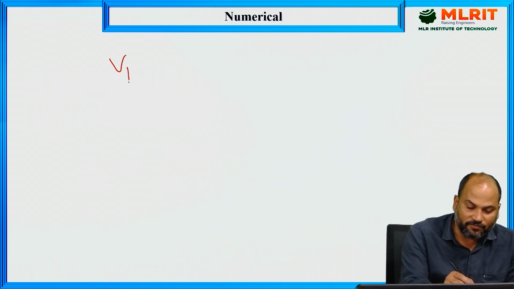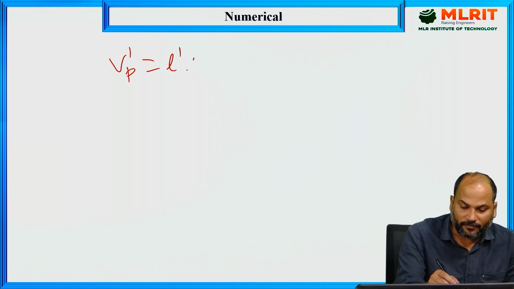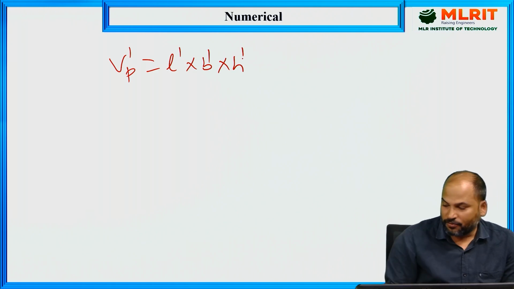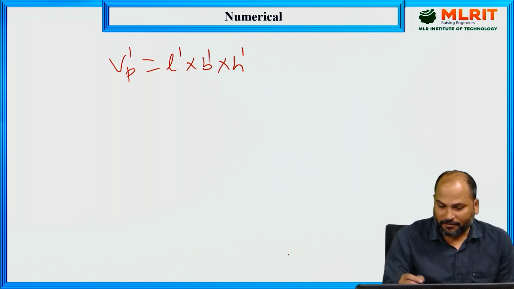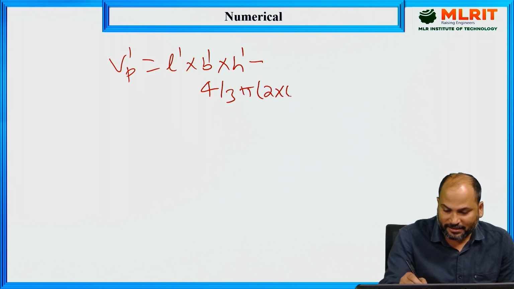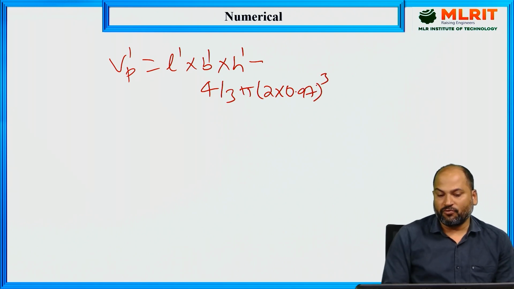So the changed pattern volume will be L prime into breadth into height, these 3 dimensions, minus the volume of the spherical cavity, pi into 0.97 cube. So this will be the volume of the pattern.